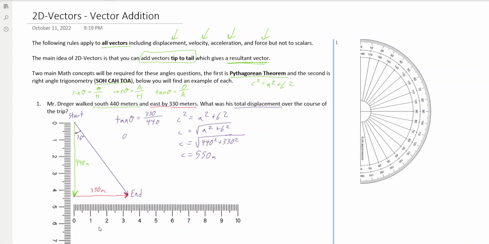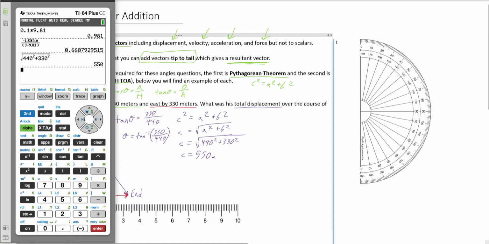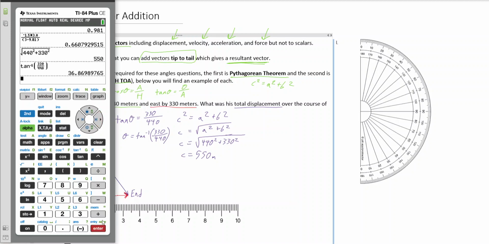Now let's find theta, so we go tan^-1 of 330 over 440, and I don't remember what this value gives us. So we get 36.869. So I was pretty close with my measurement.